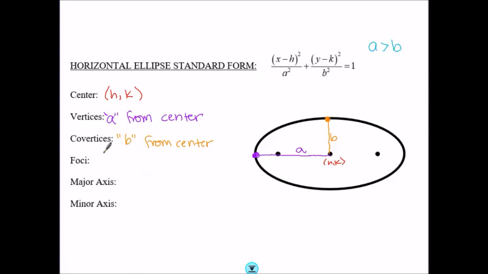The foci are C from the center. So this distance here is C. And we are going to define C as the square root of A squared minus B squared.